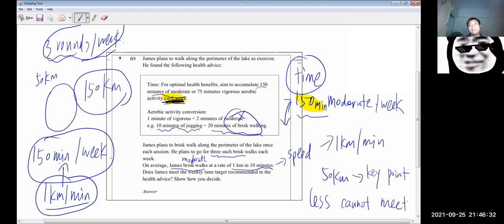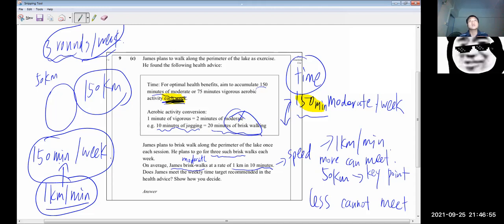If more, can meet. Okay, so therefore you have to do all this analysis to discuss your answer. Does it make sense to you now?